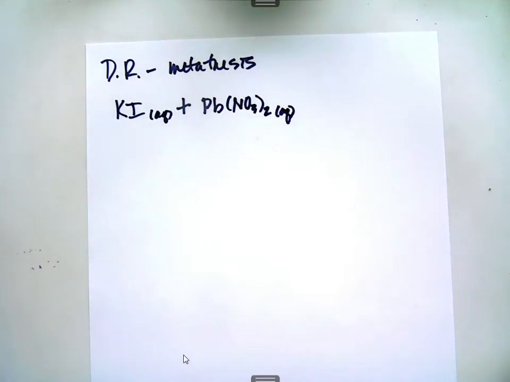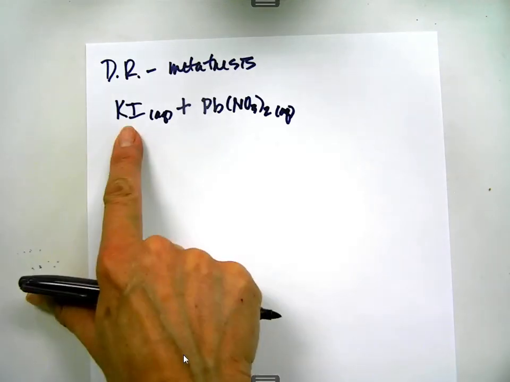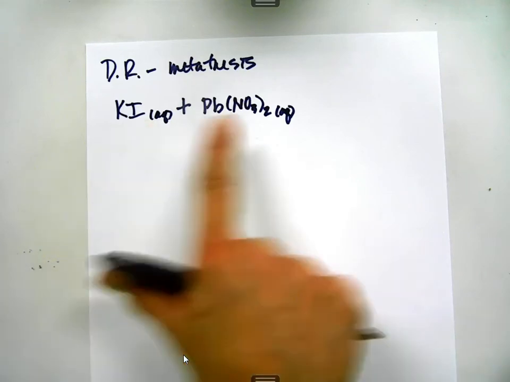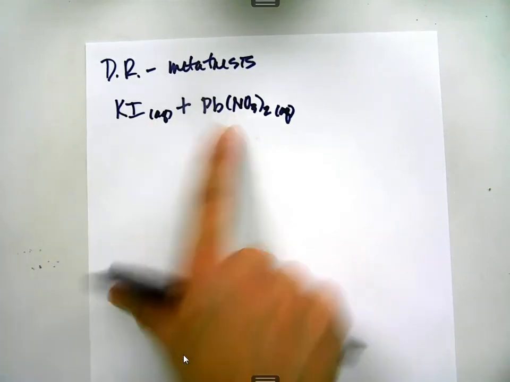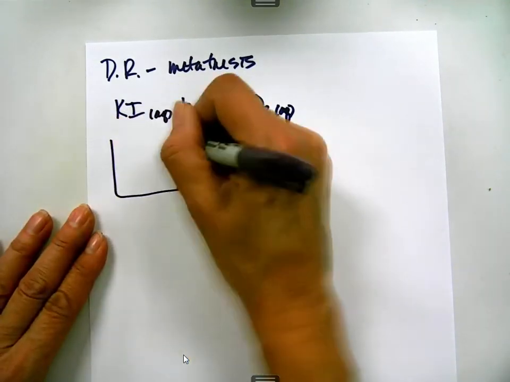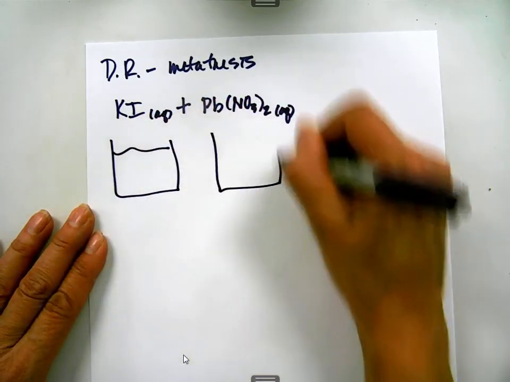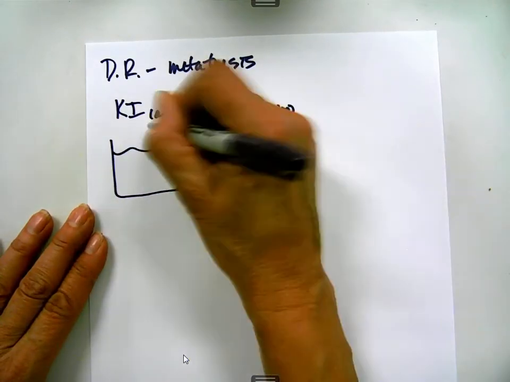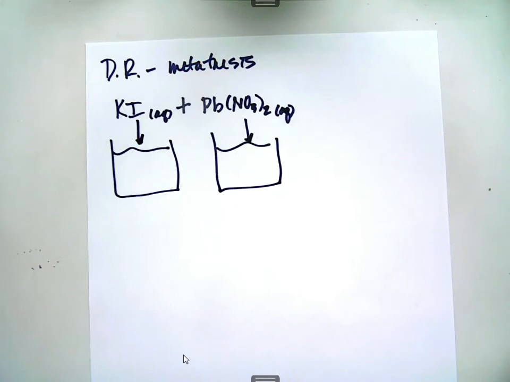Both of these are salts in aqueous solution, so in my own mind, I say, oh, I got ions in my two solutions as long as they're soluble. I have a binary ionic salt and a ternary ionic salt, each in their own aqueous solution. So I have one container with the potassium iodide, another container with my lead nitrate. So here's the things I put into the aqueous solutions to dissolve.